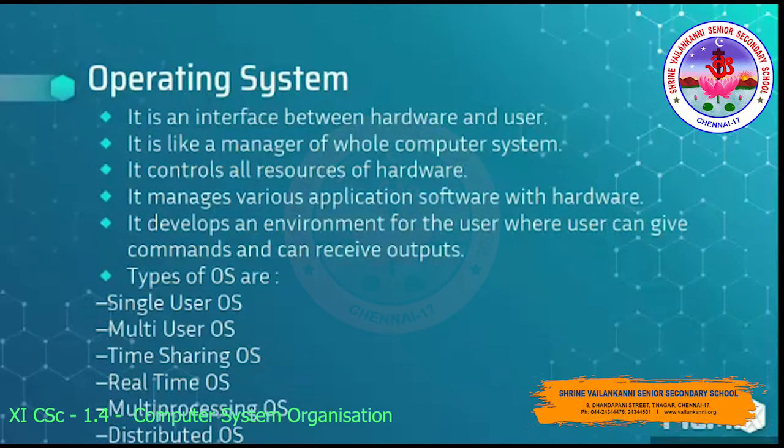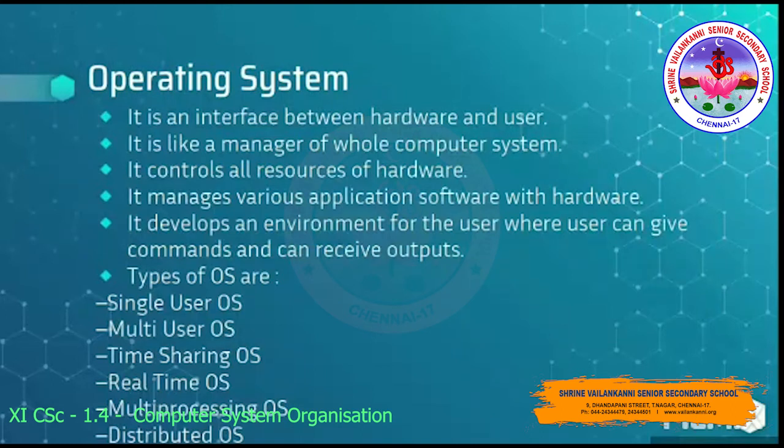The hardware provides the basic computing resources. The application program routines define the ways in which these resources are used to solve the computing problems of the users, and the operating system controls and coordinates the use of the hardware among the various application programs for the various users. An operating system's major role is to execute a program.